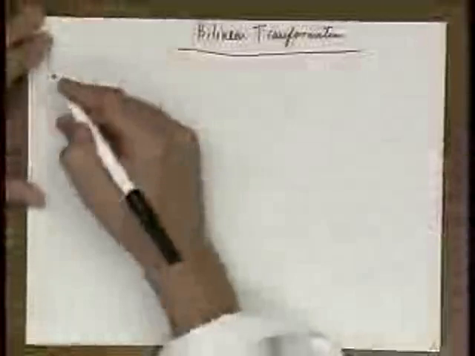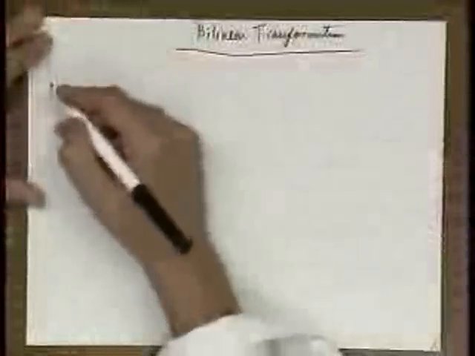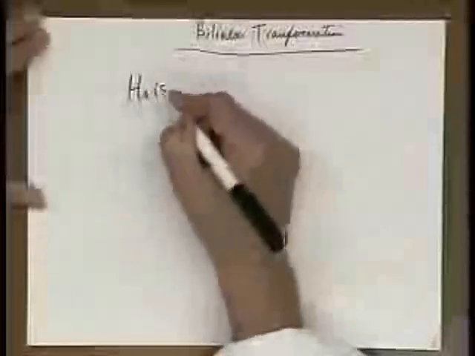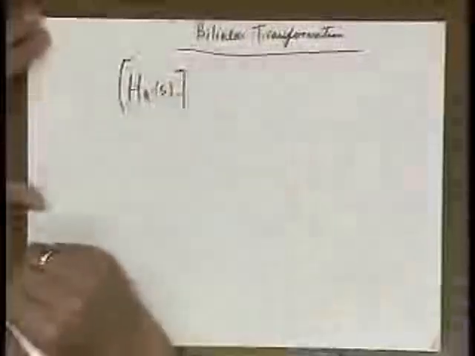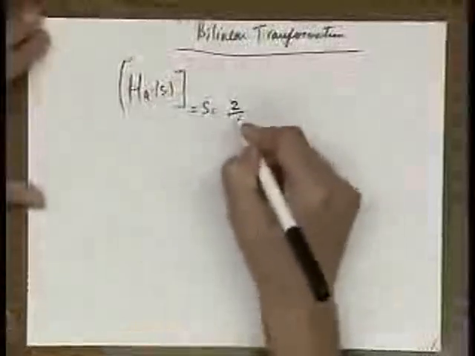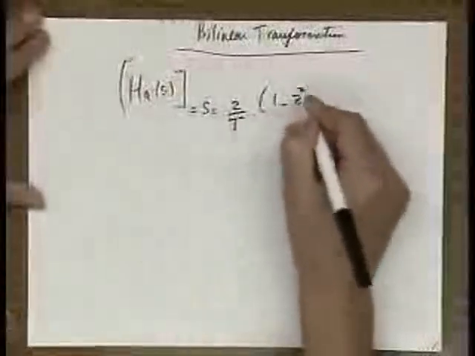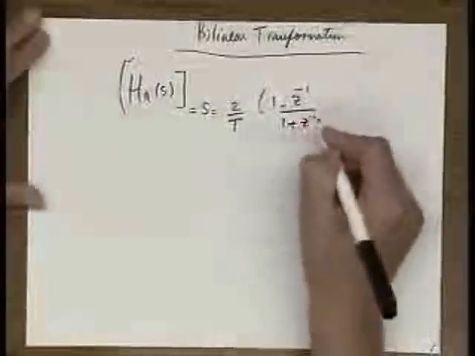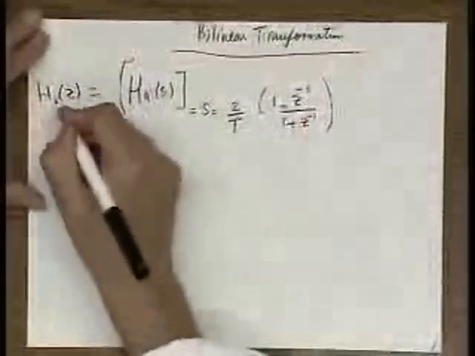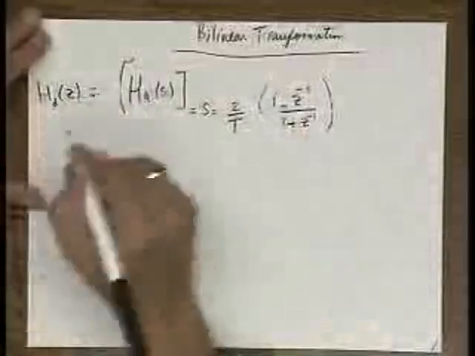And so how it works is this. I'm just going to tell you how I transform an analog filter H sub A of S to this digital filter. I'm just going to replace S with 2 over T, 1 minus Z inverse over 1 plus Z inverse, and that's how I get my H of Z. And I put a little D because D is for discrete time.